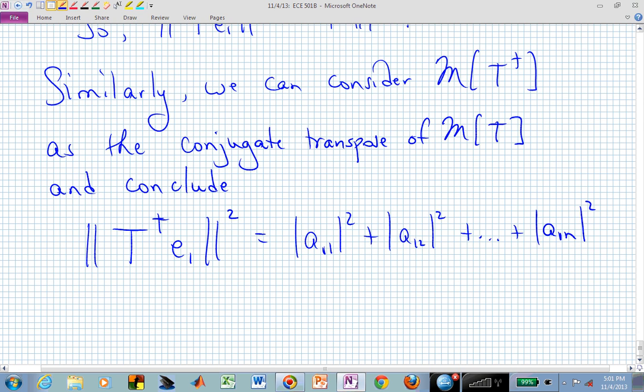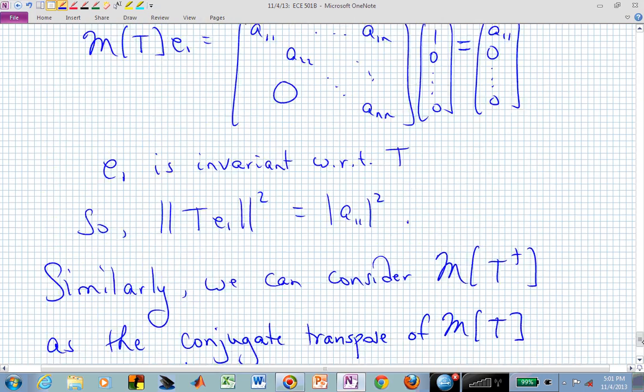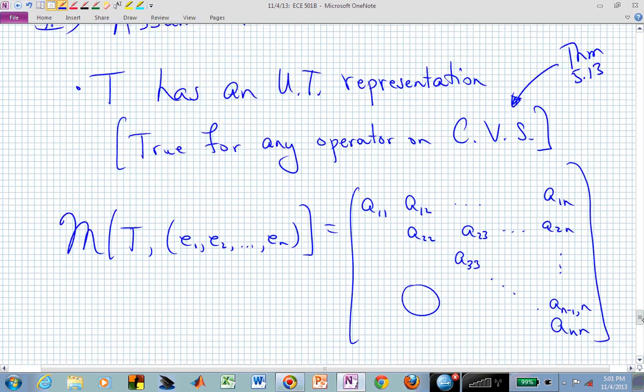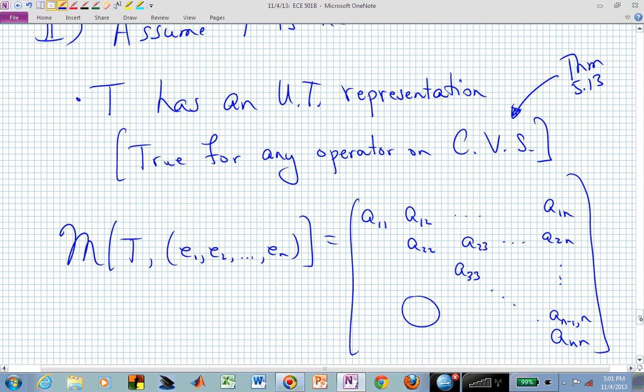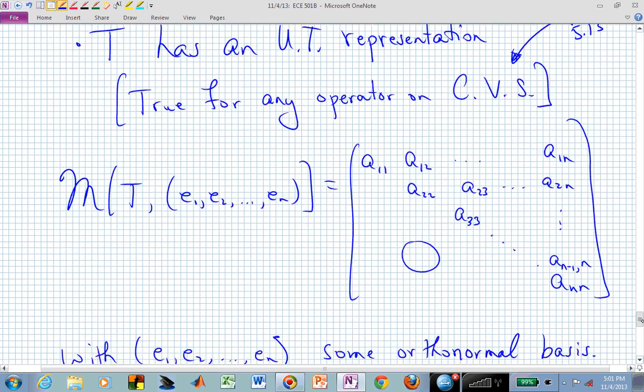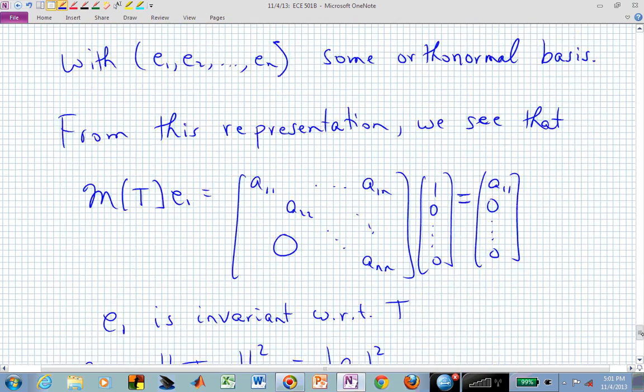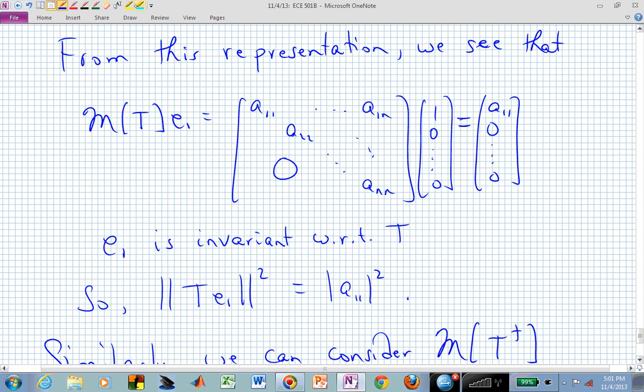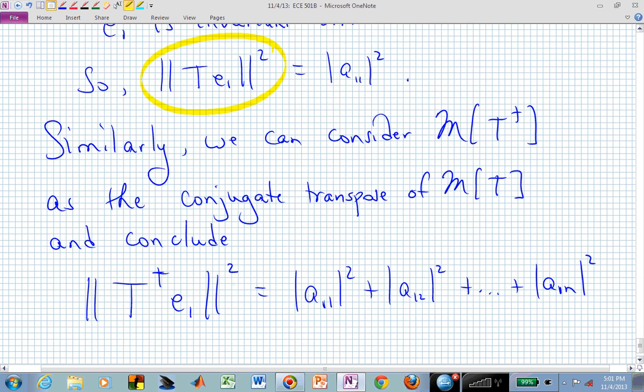Now we need to go back to our original assumption in this half of the proof, which was to assume T is normal. If T is normal, then we know that this value better be the same as that value.